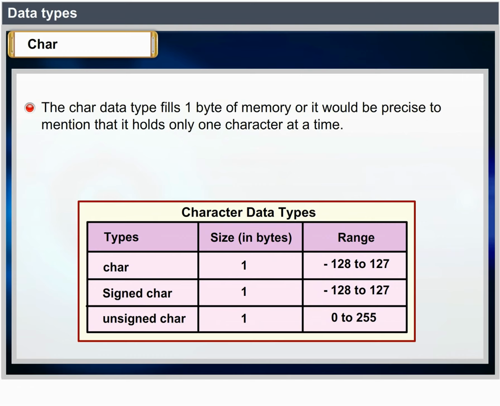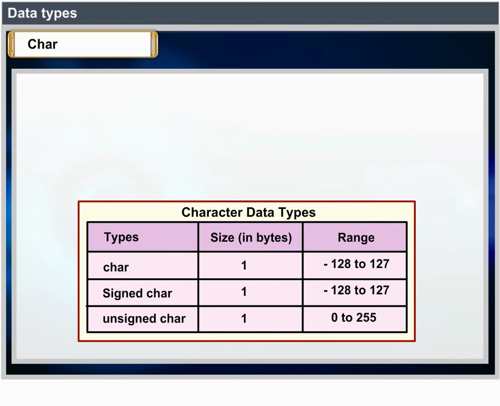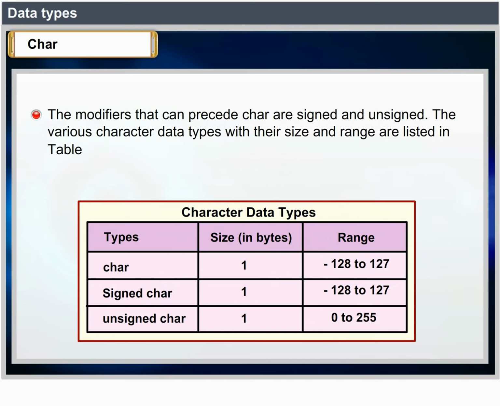The character data type occupies 1 byte of memory, that is, it holds only one character at a time. The modifiers that can precede character are signed and unsigned. The various character data types with their size and range are listed in the table.